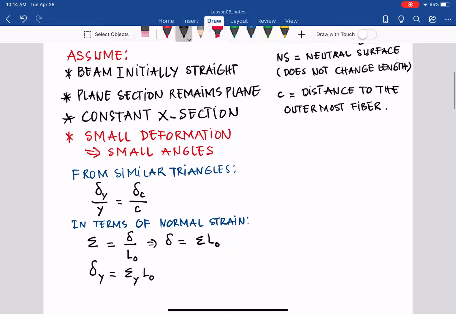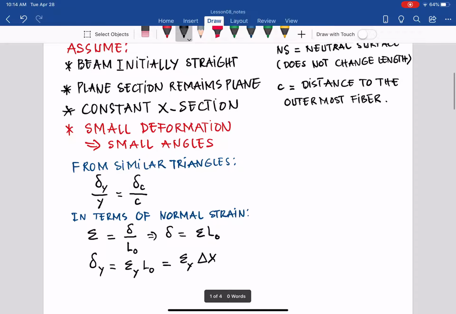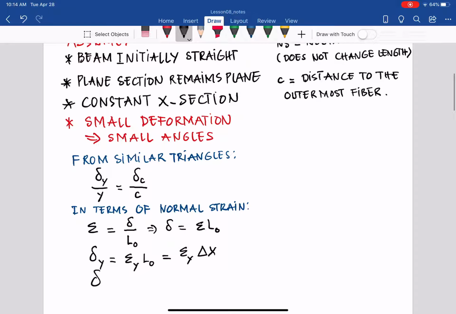So this equals epsilon y, the normal strain at position y from the neutral surface, times the original length delta x. And similarly, delta c equals epsilon c, the normal strain at the outermost fiber, times delta x.